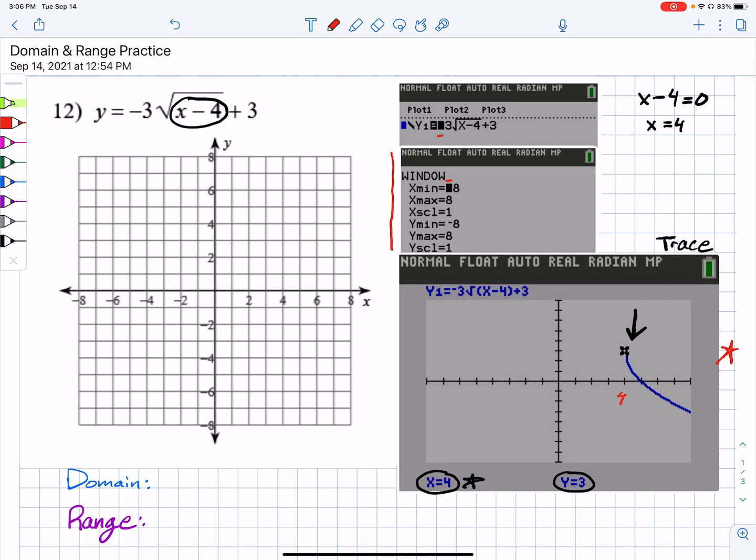So let's go with that in mind, and I'm going to change to blue here to talk about domain. Everything in terms of inputs happens from 4 and greater than, or to the right of 4 on the number line. So you could kind of put an arrow on the end of this curve and say, okay, the domain has to go from a minimum value of 4, and we get to include that with square brackets, all the way up to infinity.